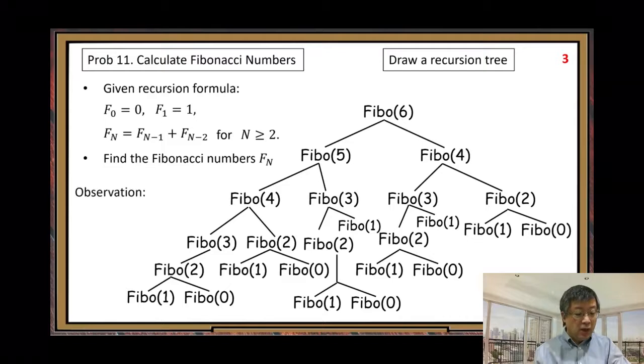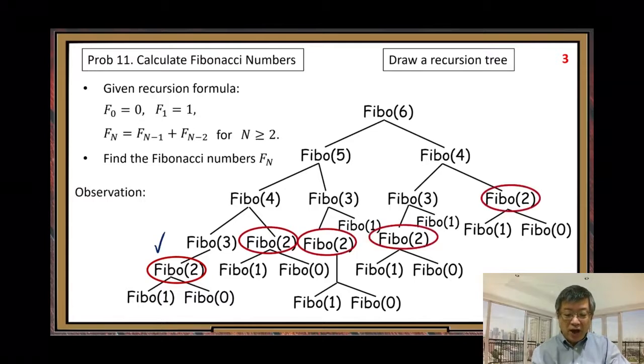Let me point out the biggest problem in this tree. That is, some of the nodes are repeated many, many times. Let's look at fib of 2. How many times is fib of 2 repeated? See? So many times. Here, 5 times.